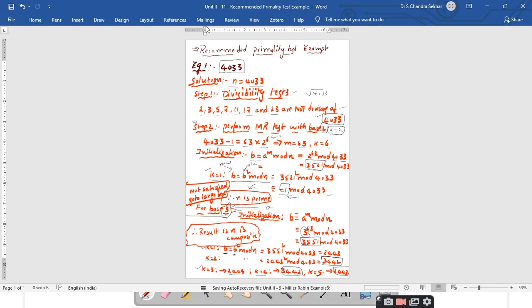Factorization is important because it plays a very important role in the security of several public key crypto systems. We'll see what this public key is, and what this private key is. But for the time being, we'll confine our discussion to what factorization is and how we are going to factorize things.